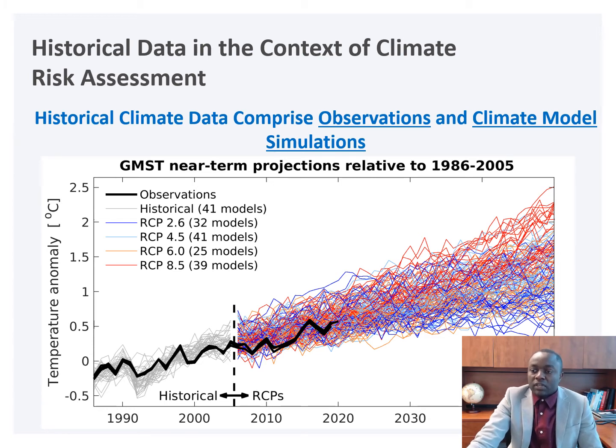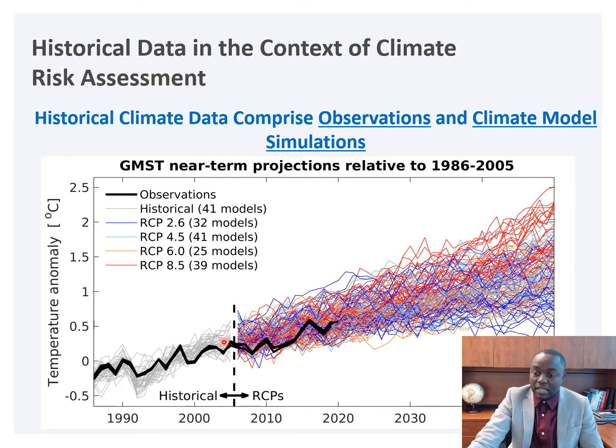In the context of a climate risk assessment, historical climate data comprise observations and climate model simulations. For example, in this figure, the black line represents climate observations up to the period 2020, while the gray small lines represent historical simulations from climate model outputs.